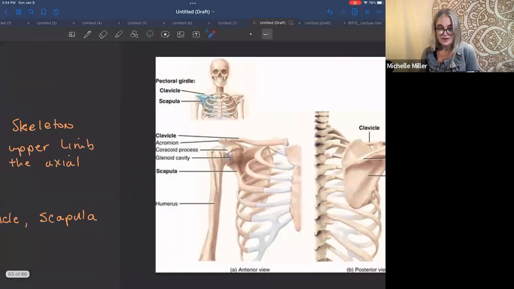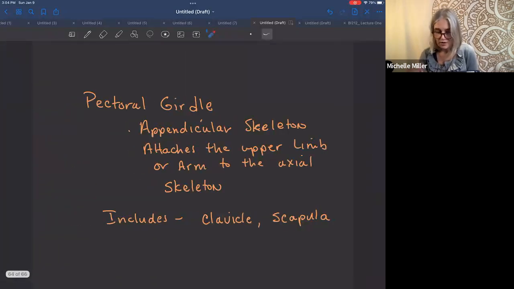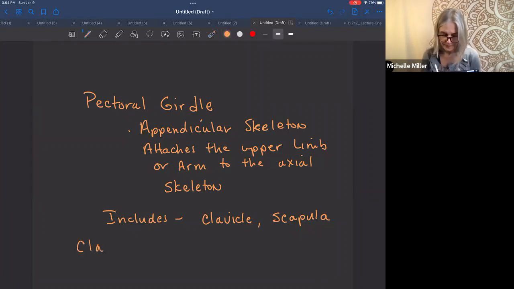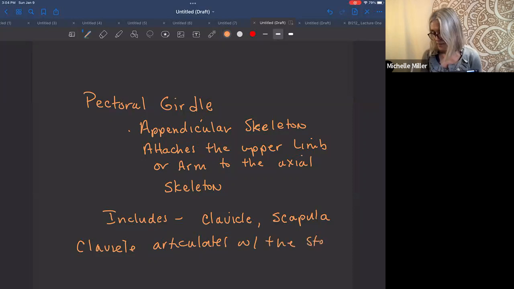Okay, so let's write that down. So the clavicle articulates with the sternum, and I would say medially, right? So in the center, medially, the clavicle articulates with the sternum and with the scapula.